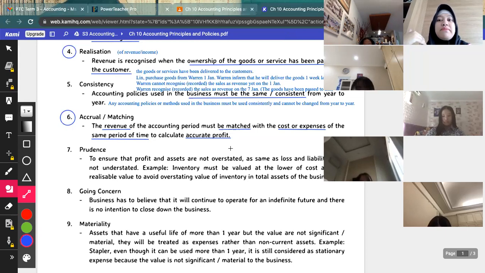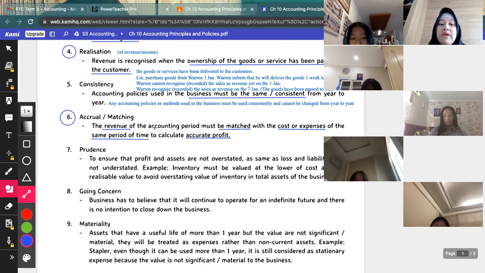At the end, you get profit. That's what you did in the income statement, right? So basically what you did is match all the income that the business has with all the expenses. Total income minus total expenses gives you accurate profit. So this is what the accruals and matching principle talks about.